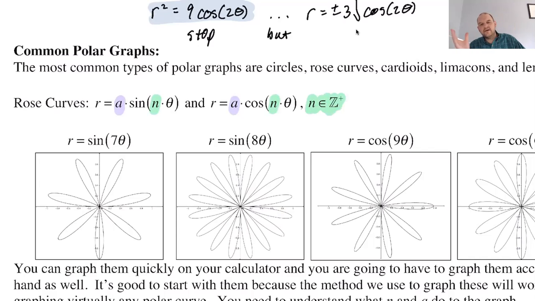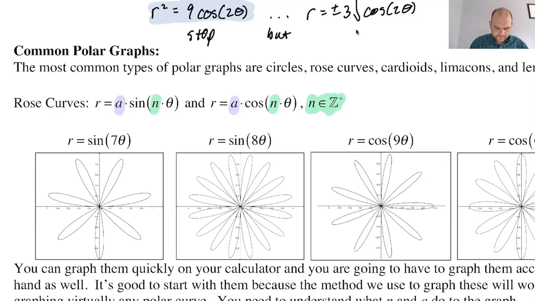So if n is negative, it's not going to be negative, because you're going to factor that negative out using even and odd properties of sine and cosine, since cosine's even and sine is odd.